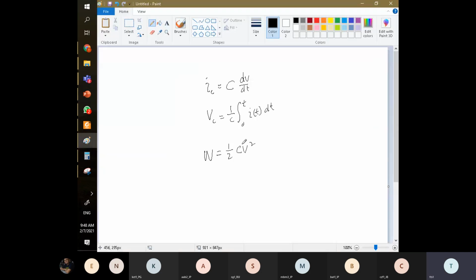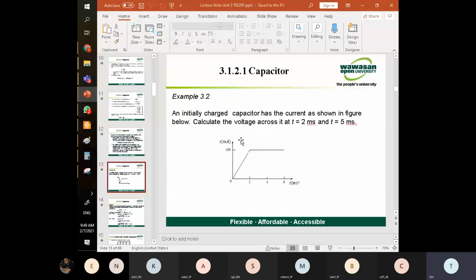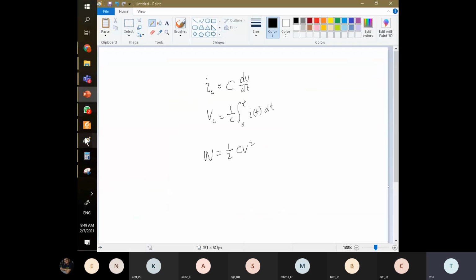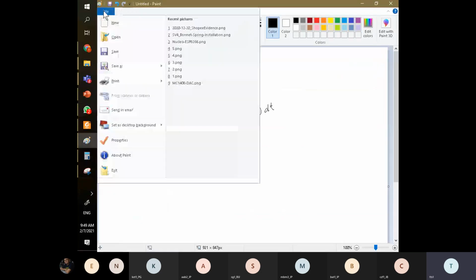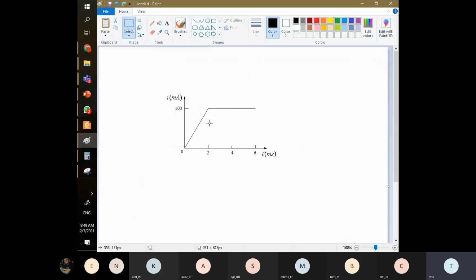Sometimes students have difficulty understanding why it is 50t. This is just a function of this curve here. At 2 we get 100, at 1 we should get 50, right? So the equation is 50 times t. Usually I use this method: first, I locate the points.